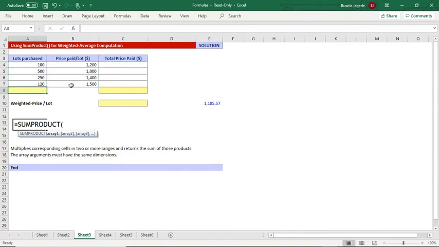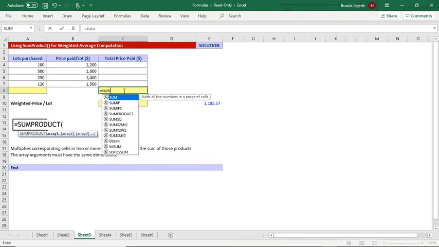So now there's a formula you can use, the SUMPRODUCT formula, to find this total, the sum of the total price paid, in one line. Now, how do we do that? Enter SUMPRODUCT. Remember to use the Tab key to autocomplete the formula.